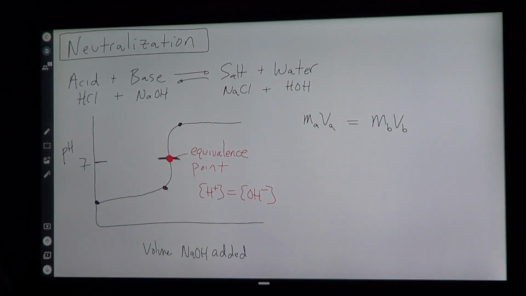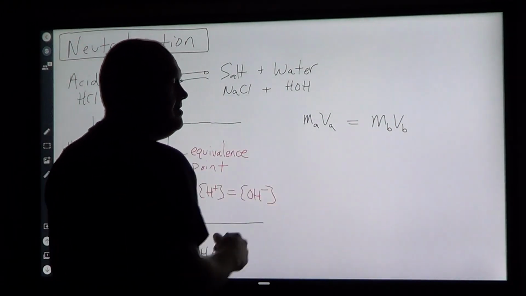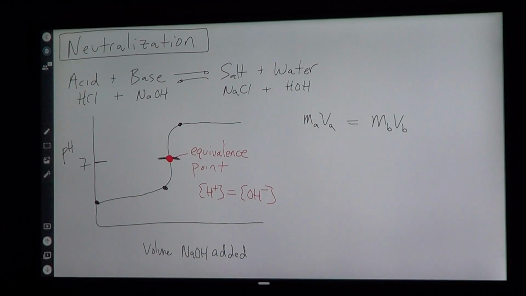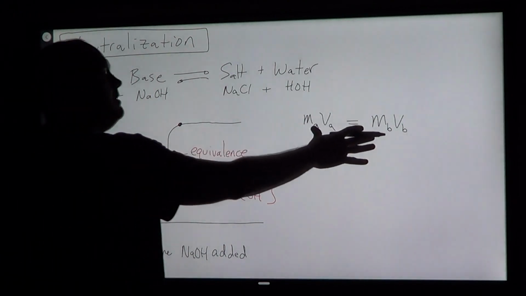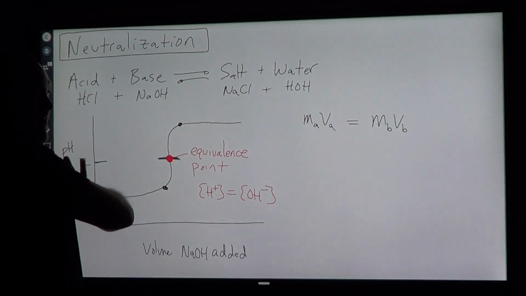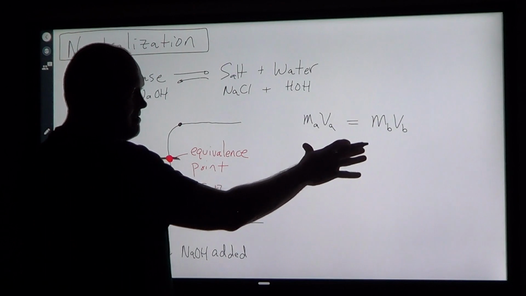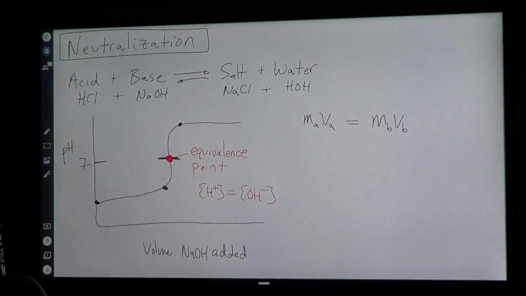If you remember back when we were doing dilutions, it was M1V1 equals M2V2. So we're using the same equation as a dilution to figure out the unknown acid using our equivalence point. Now here's where the math from section 1 comes back in.